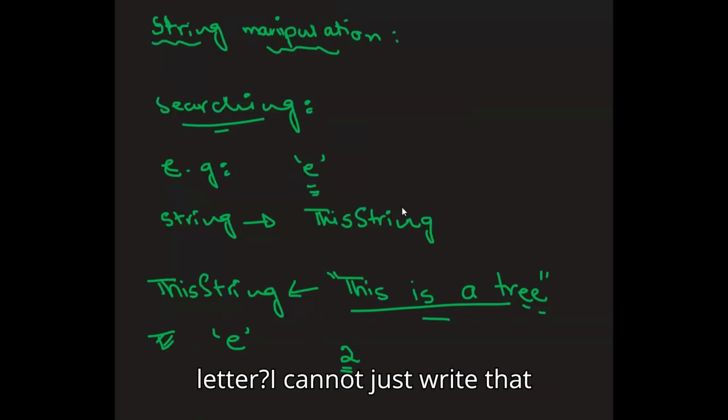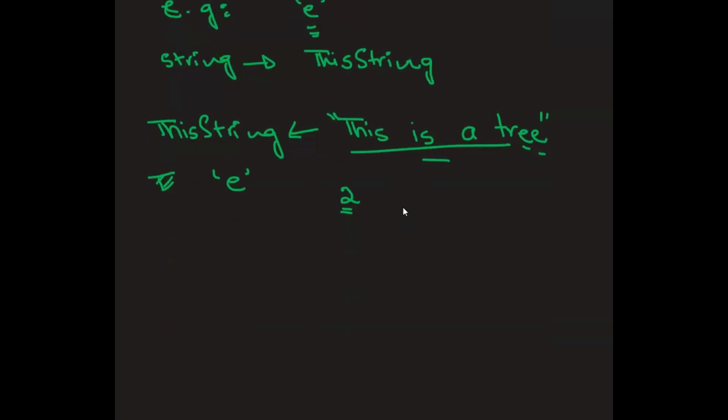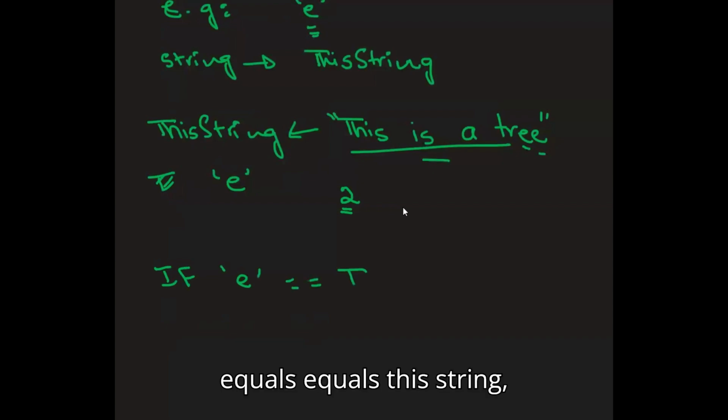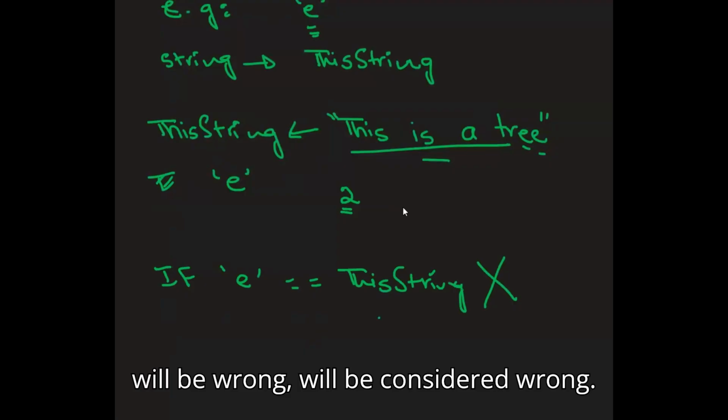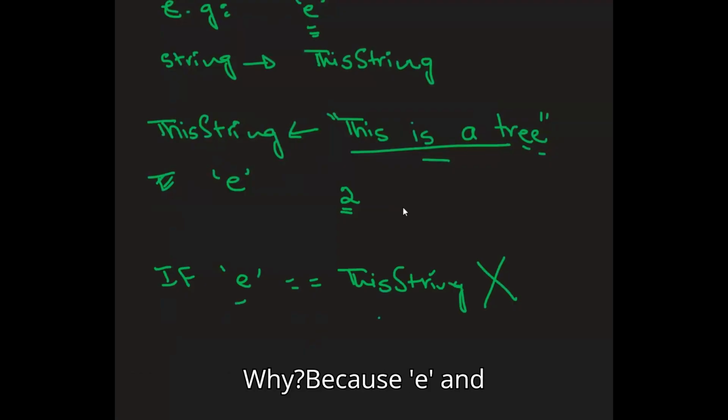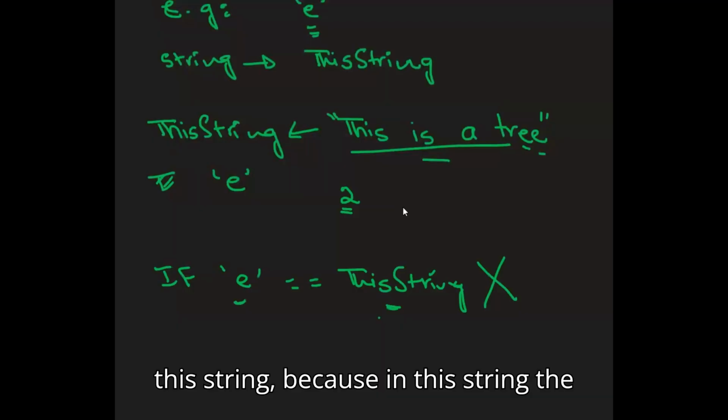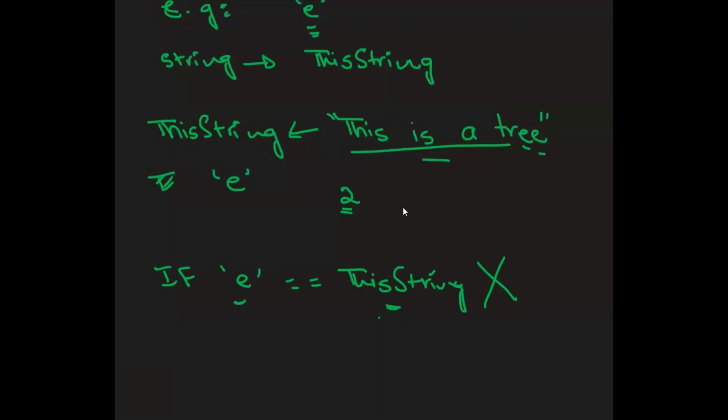I cannot just write: if E equals ThisString. This line will be considered wrong. Why? Because E is a character, and ThisString is a string, since a string is stored in it, "this is a tree", with double inverted commas.